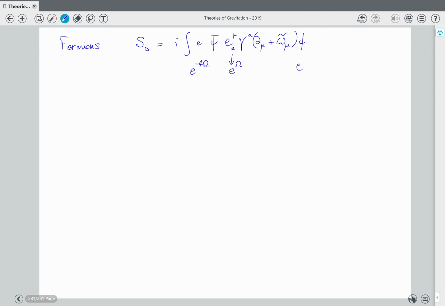Psi should take 3 divided by 2 omega, and psi bar the same. Because this is a scale transformation, it cannot make any difference between psi and psi bar. But if this is so, then you have at least invariance globally.